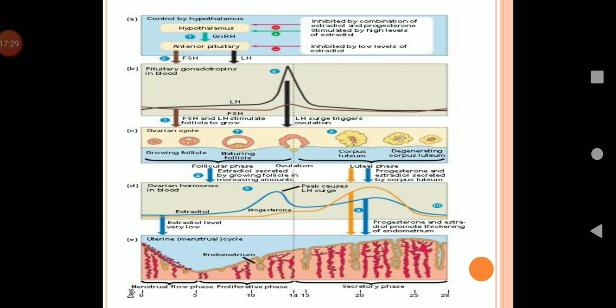During the proliferative phase, the uterine lining is built up. During the ovulatory phase, the release of the egg from the ovary takes place, and in the luteal phase the ruptured follicle closes after releasing the egg and forms a structure called the corpus luteum, which produces increasing quantities of progesterone hormone.